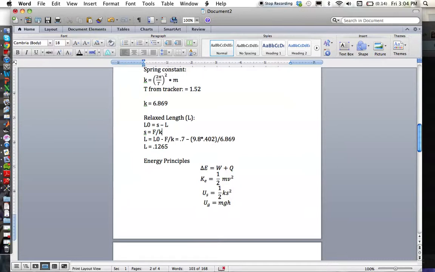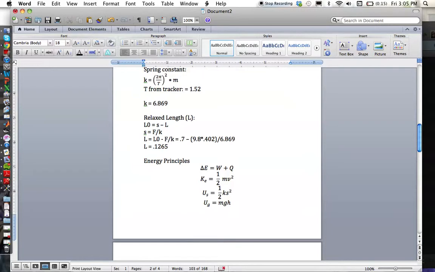The three types of energy we need to worry about in this system are kinetic energy, which is 1/2 mv squared; the spring energy, which is 1/2 spring constant times the change in length from the position to the relaxed length, squared; and then the gravitational potential, which is mgh, and h is our height at the time.